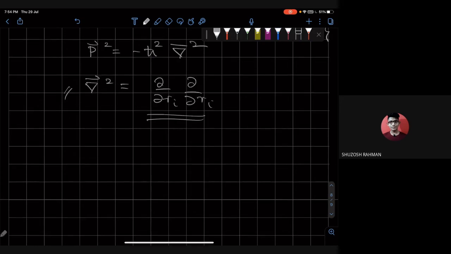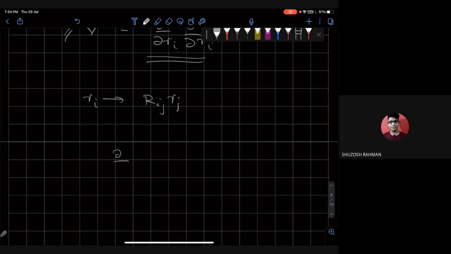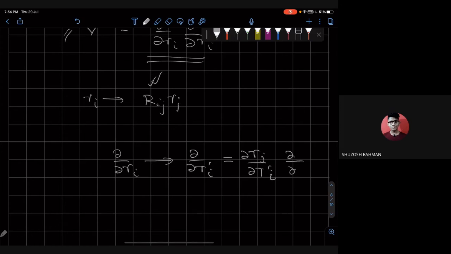So now if under rotation my r_i changed to R_ij r_j, that means that del by del r_i, these are constant matrices, will become del by del r_i prime, which is related to del r_j by del r_i prime.